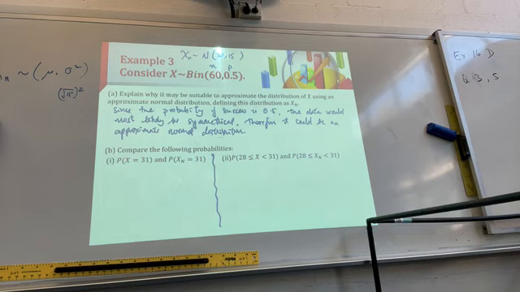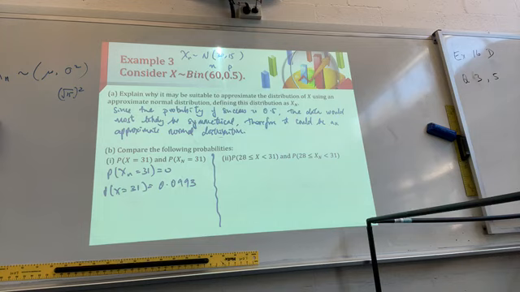X equals 31, 0.0993. That is X equals 31 if it is normally distributed. So think about it. Now, we said that we can model it, but the difference is 0.09. What about the next one?